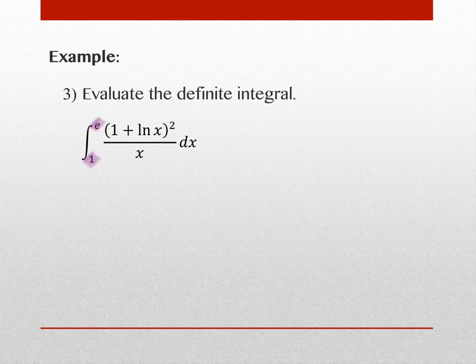So, taking a look at what's here, ignoring the purple marked pieces at the moment because we don't need them, what process are we going to have to use to find the antiderivative? U substitution. And in particular, it has to be U substitution. Why? Because we see a natural log.